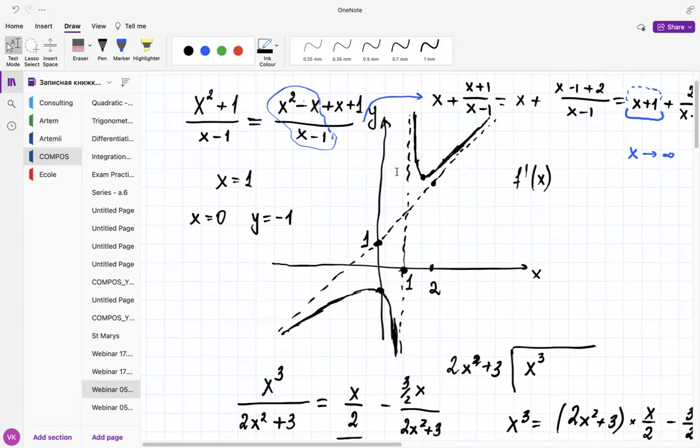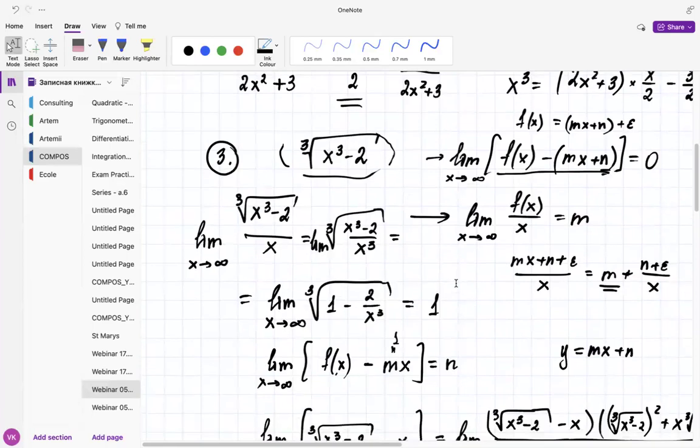After that, we need to understand how the function behaves, because it's squeezed in between those lines, but it can go this way, like I drew it in blue, or like I had it in black. One of the simplest ways to check which way around is just to substitute a value and understand in which part of this plane you actually sit.